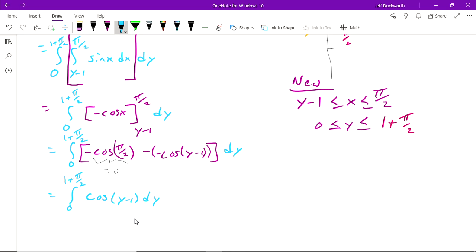So that's where we're at right now. All right, so again, this is going to equal, not negative, just positive sine. Integral of cosine is sine. So we're looking at sine of y minus 1 evaluated from 0 to 1 plus pi by 2.